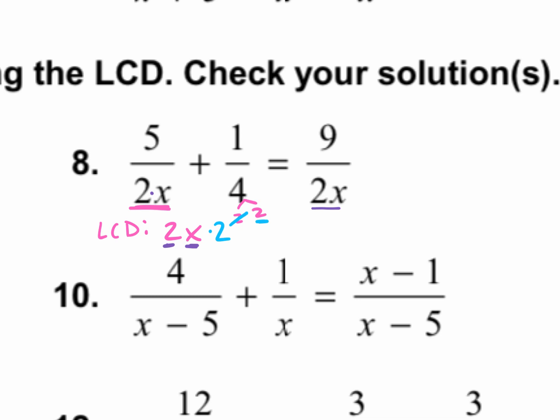Let's say, just as a bonus example, let's say we had 4x, 4, and we can say 2. And it said find the least common denominator. What do you think my least common denominator would be here?